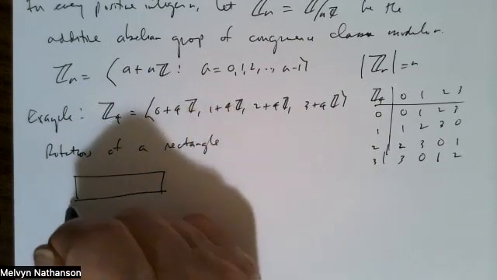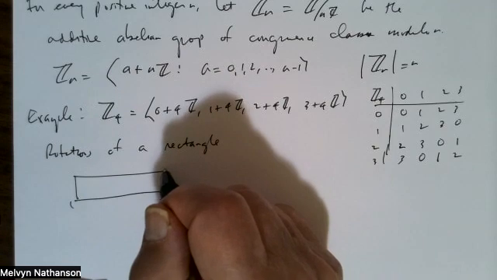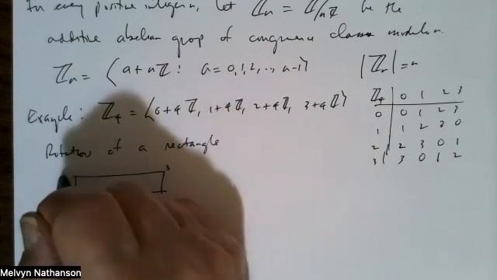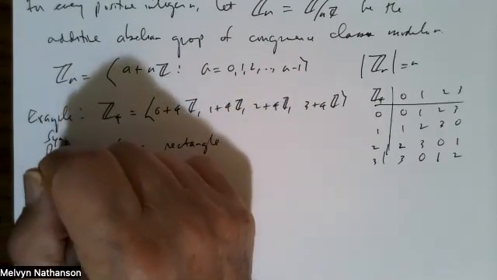Suppose I have a rectangle. Let me label the corners 1, 2, 3, 4. What are the symmetries? Rotations, I just mean symmetries.